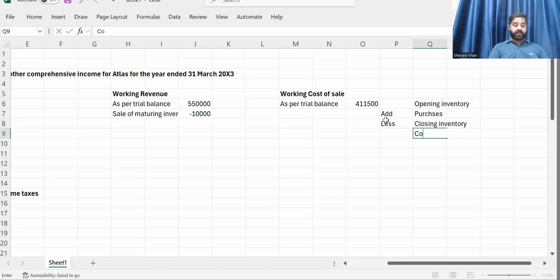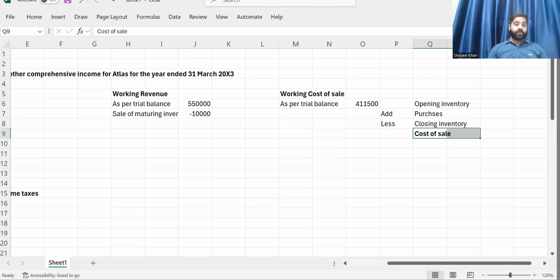So a figure is calculated named as cost of sale. How is cost of sale calculated? Opening inventory plus purchases minus closing inventory. Opening inventory increases the cost of sale, purchases increase the cost of sale, while closing inventory decreases the cost of sale.